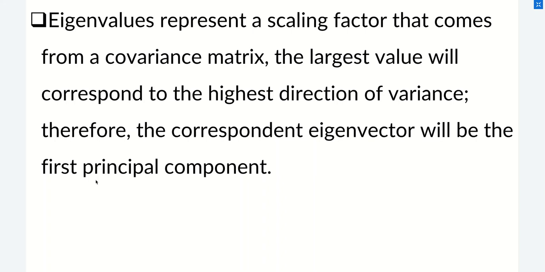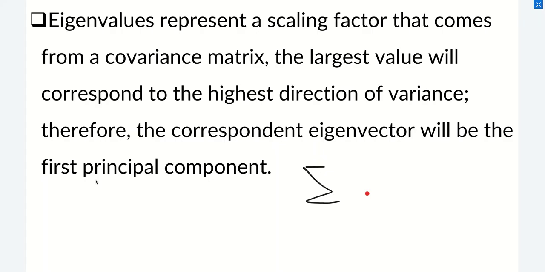Now, the eigenvalue from the sigma, as you saw, represents a scaling factor that comes from the covariance matrix. The largest value will correspond to the direction of highest variance. I've already explained what the variance is: the spread of the data, right? The higher this variance, the better for our data, because the features will not be dependent.